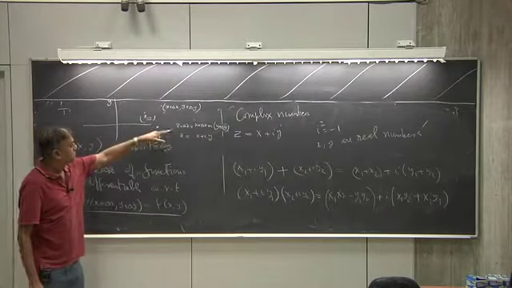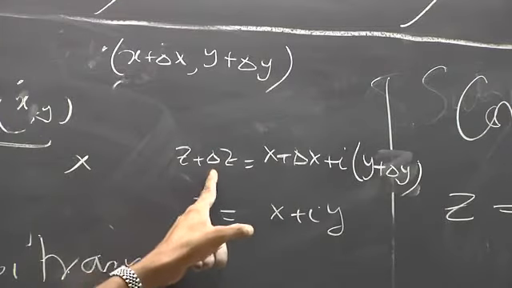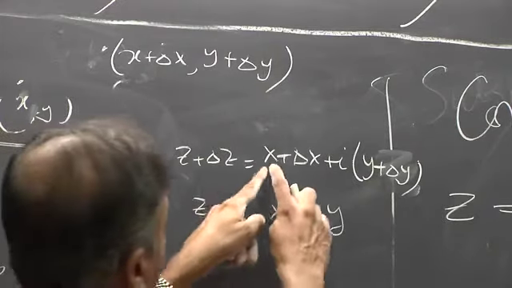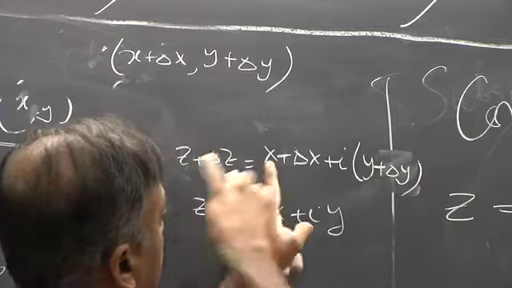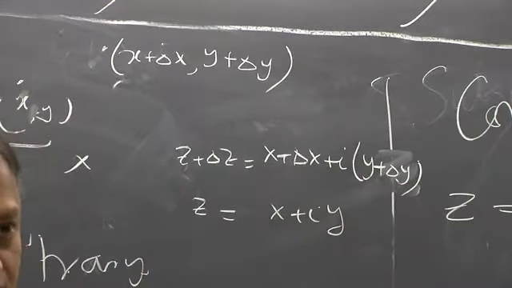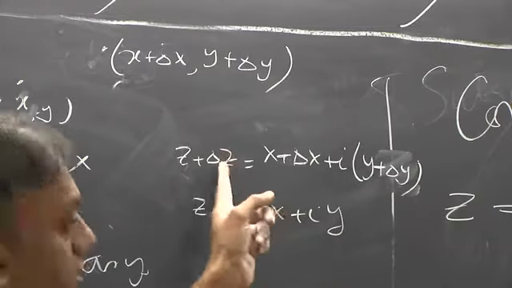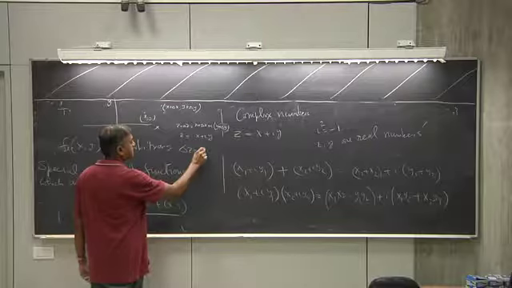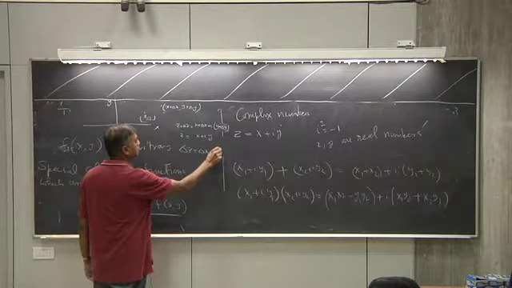I just give it a name, z plus delta z. Because after all, x plus iy is z, and the remaining quantity delta x plus i delta y is something small, since delta x and delta y are small, right? So I call that delta z. So delta z therefore is simply delta x plus i delta y.